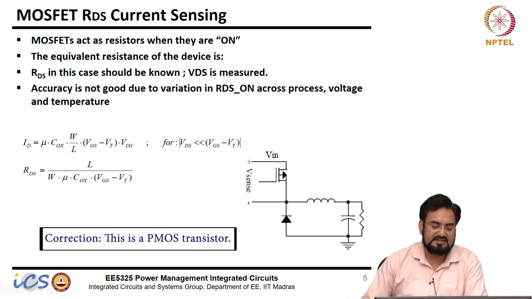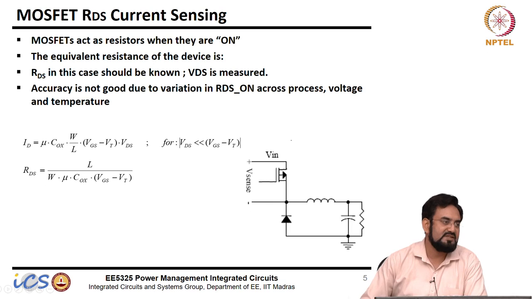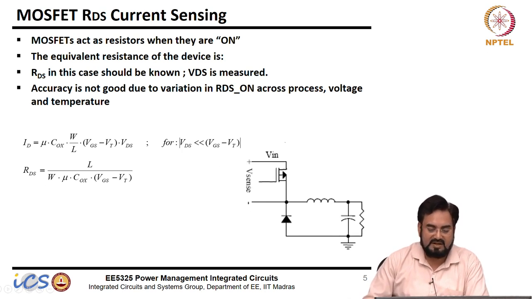This is an NMOS, but if it were a PMOS, you connect to ground when turning on. If VDD changes, which means VGS minus VT changes, then you will get a different RDS on and it will change everything. So accuracy is not good unless you have a way to calibrate this RDS on across process, voltage and temperature.